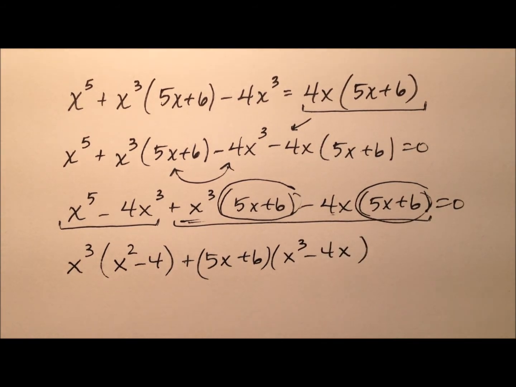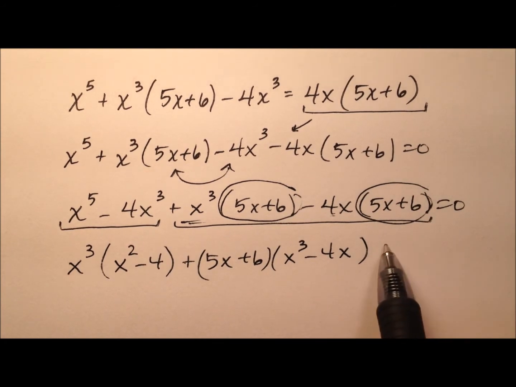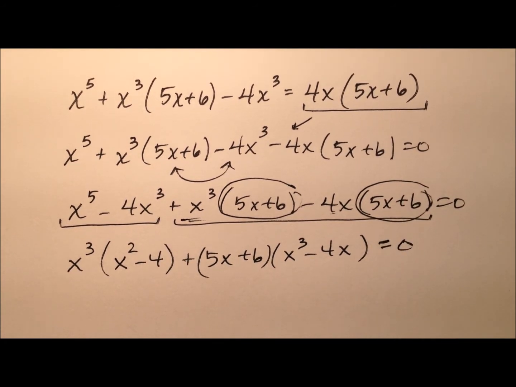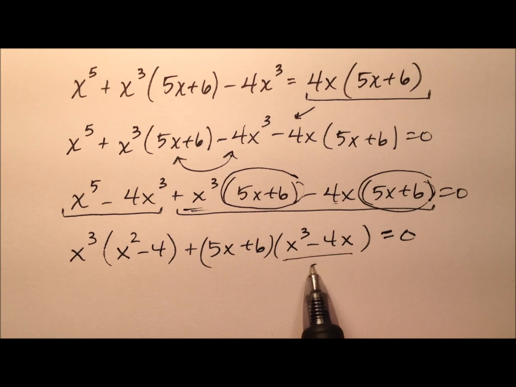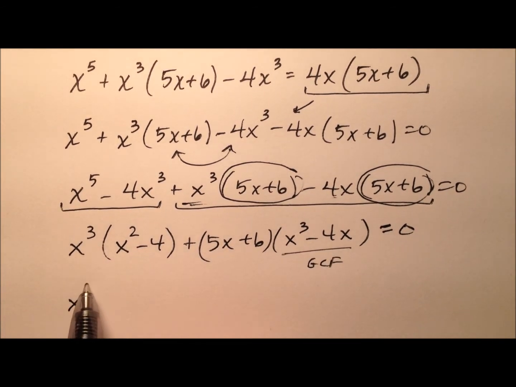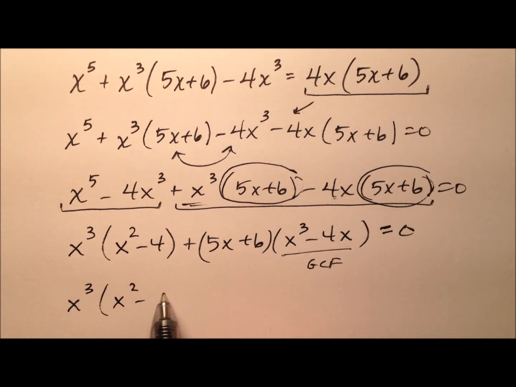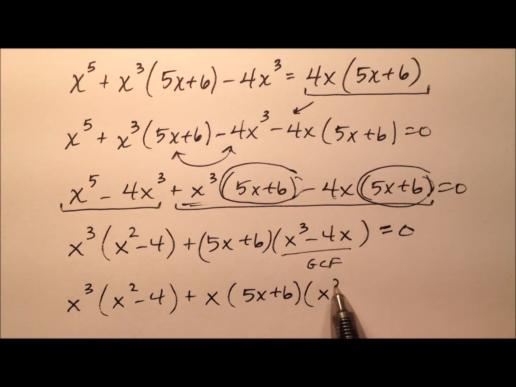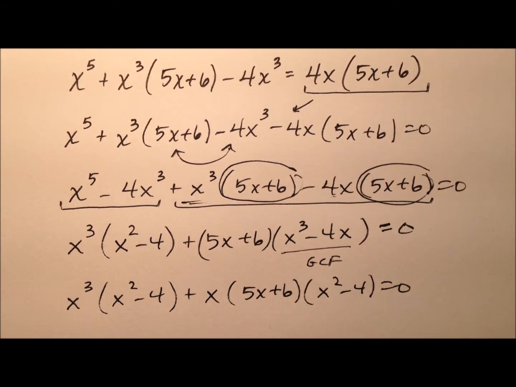Okay? Well, it seems like I didn't really do much in order to get this going, but notice here I have a greatest common factor of x. So let's pull that out of that second set. So I'm going to say plus x, and then 5x plus 6, and then x squared minus 4.